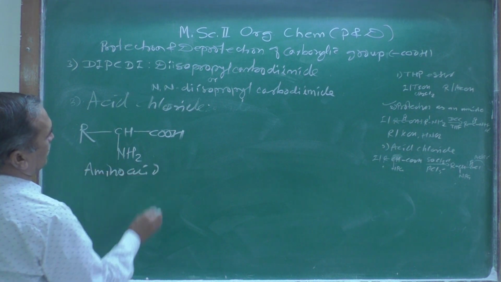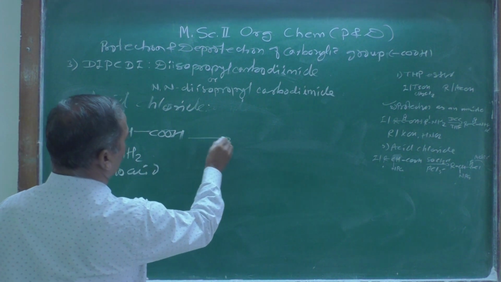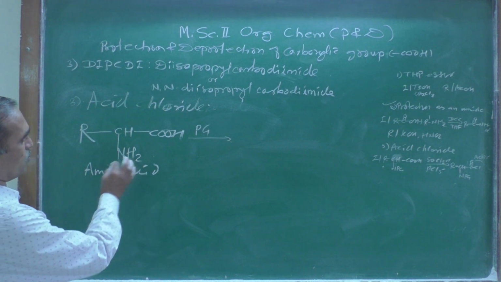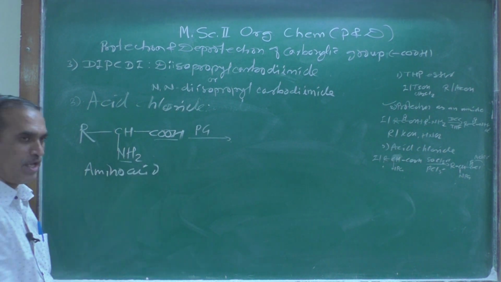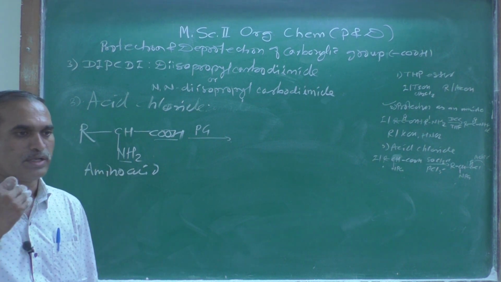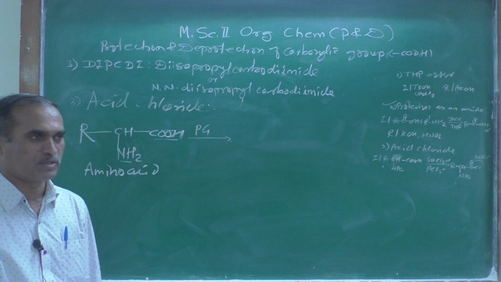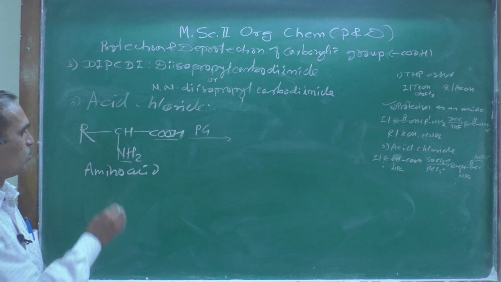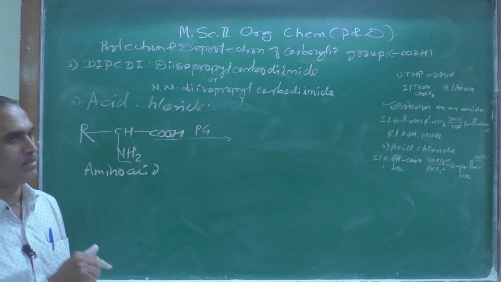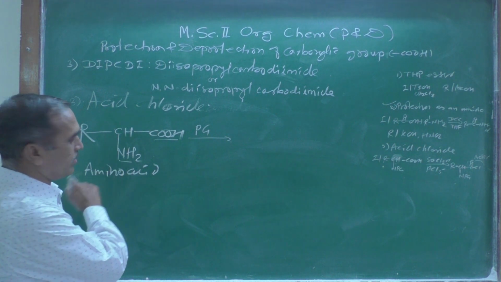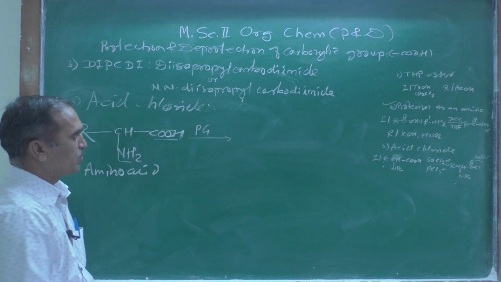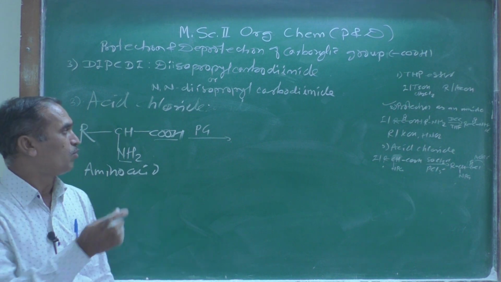Now what I am doing here is selectively protecting one of these two groups, the COOH group and the NH2 group. The NH2 group is more reactive than the carboxylic group, because the lone pair present on the nitrogen atom is readily available for donation, and therefore the reactivity of the amino group is greater as compared to OH.